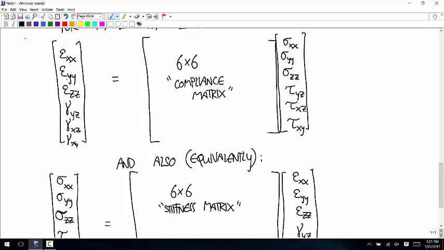Our strains in realistic situations are going to be tiny, smaller than 1 times 10 to the minus 4. Our stresses are going to be big, bigger than 1 times 10 to the 6th. So what does that say about the value of these compliance elements? Are they huge or tiny? They're tiny.